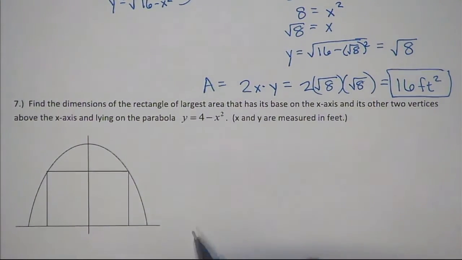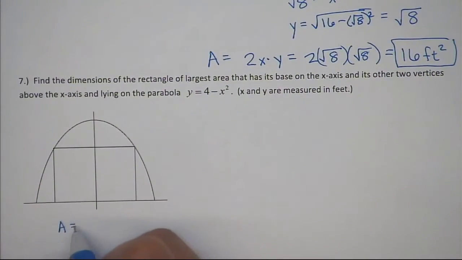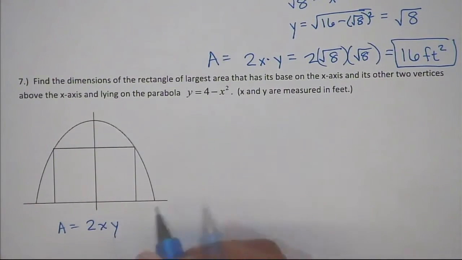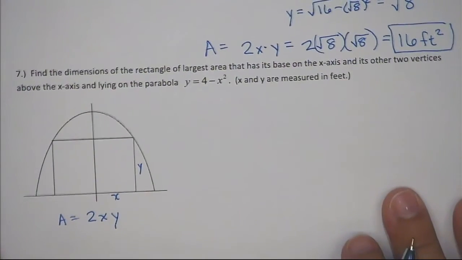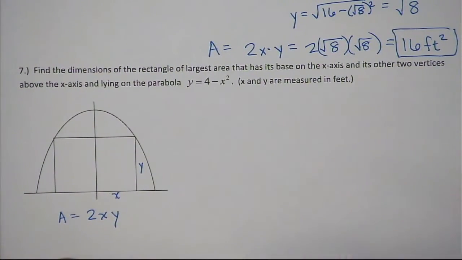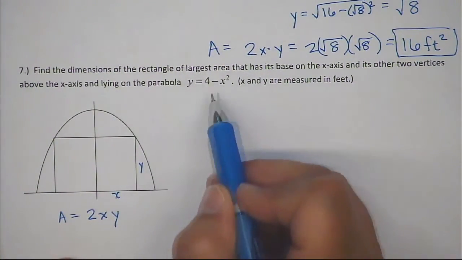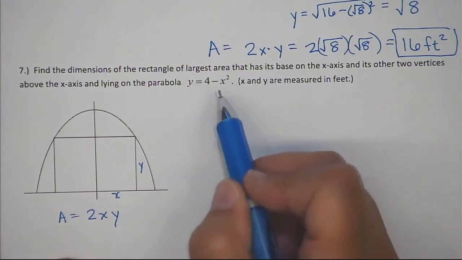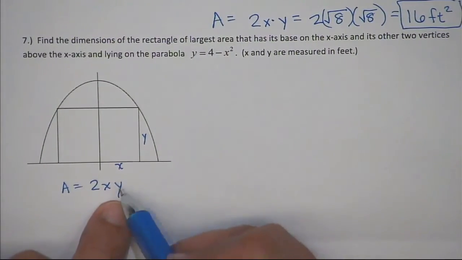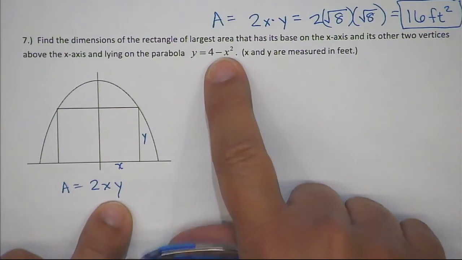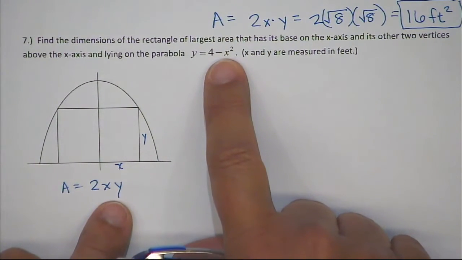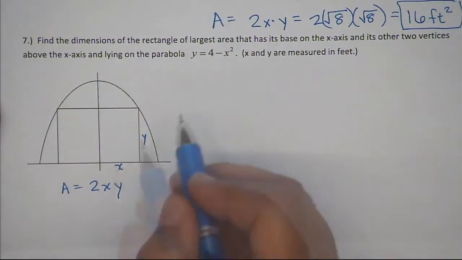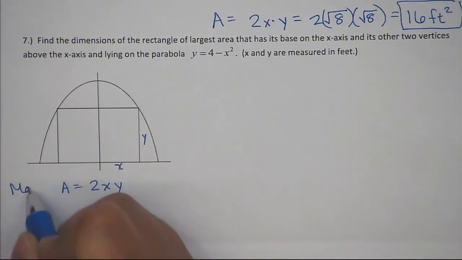So you're still going to have the same area, which is 2xy, because this is your x, this is your y. You're still doing that rectangle. But this time your secondary is right here. So all you're going to do is substitute in for y, 4 minus x squared. So it's actually a little bit easier. You don't have all those radicals and all that. And then you'll do it the same way. So your secondary is already here.